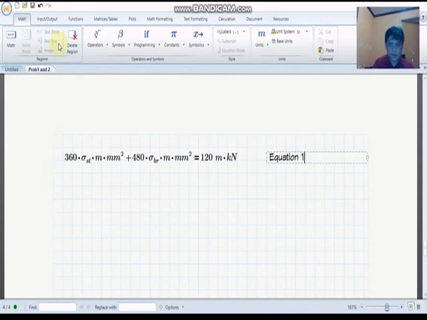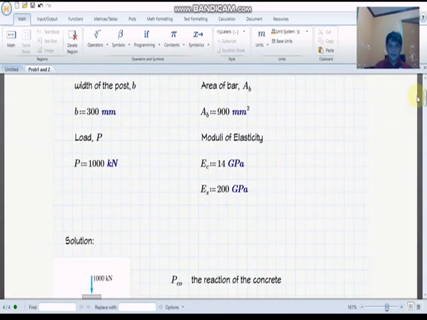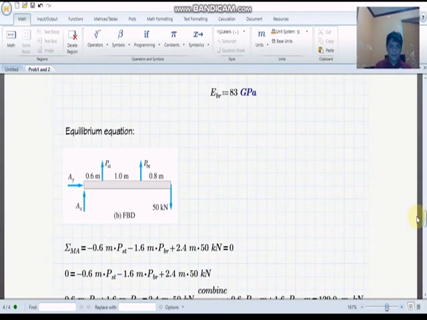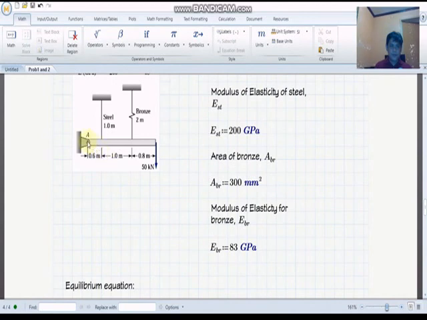Okay, so we have determined our equilibrium equation. Next, we will determine our compatibility equation. Let's go back to our figure. Since this is a pin connection, when subjected to a critical load, this will rotate in this manner.